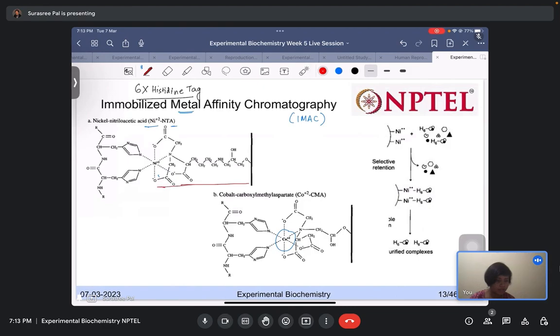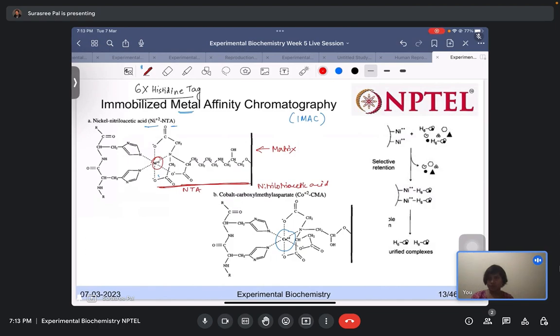So this is the NTA structure, which is nitrilotriacetic acid, attached to this matrix, an inert matrix, right? So this is nitrilotriacetic acid, which has this nickel metal.